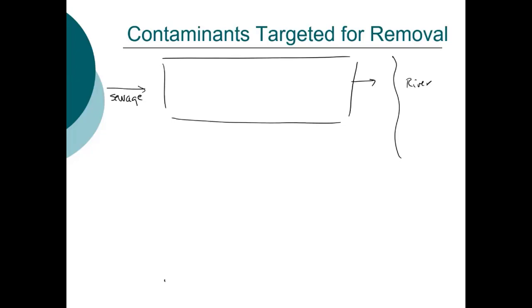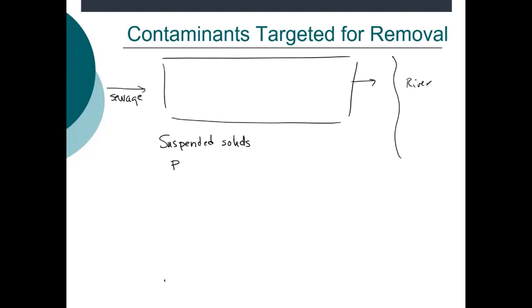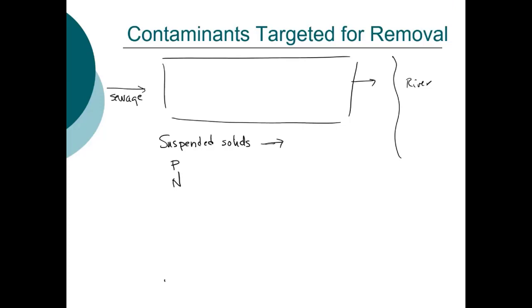Okay, suspended solids, phosphorus, nitrogen. What else? So we want to remove suspended solids. Why? What's the concern for suspended solids? Why not just allow that material to be released?